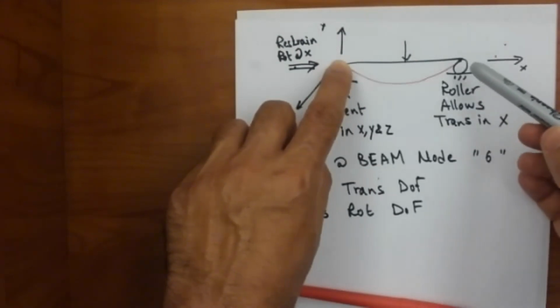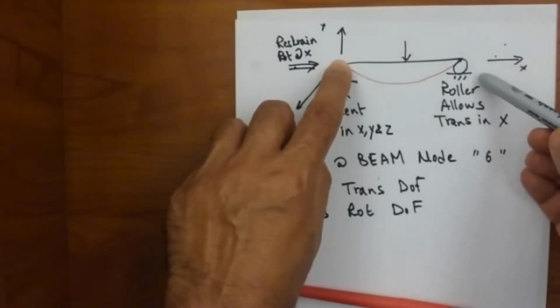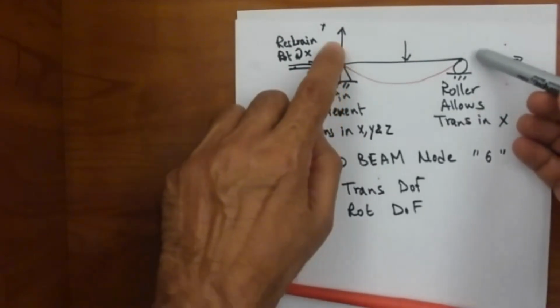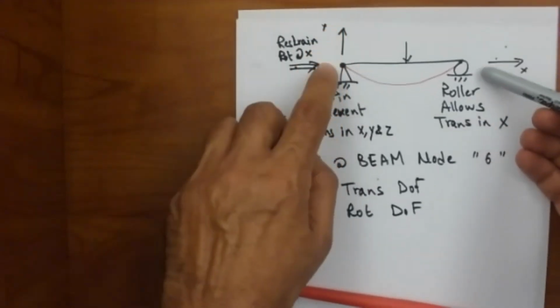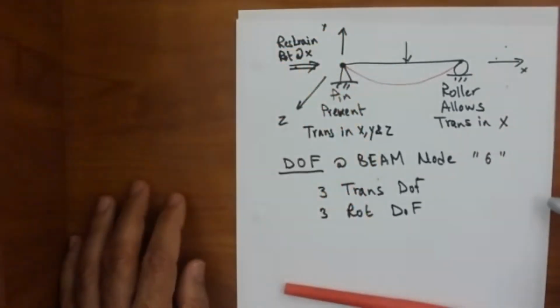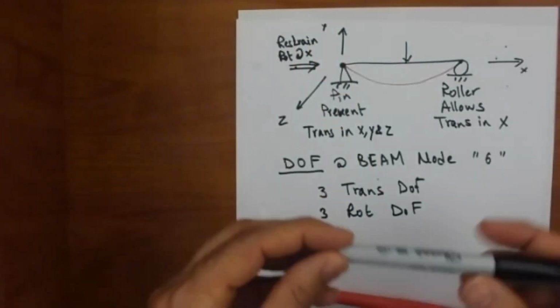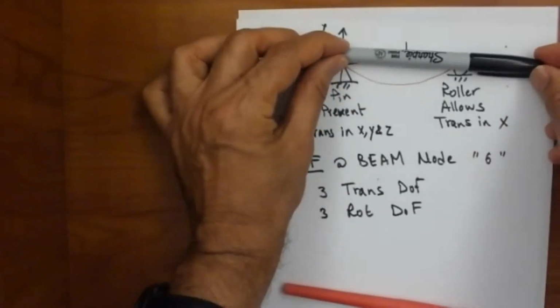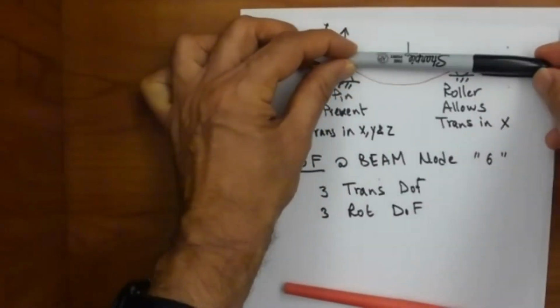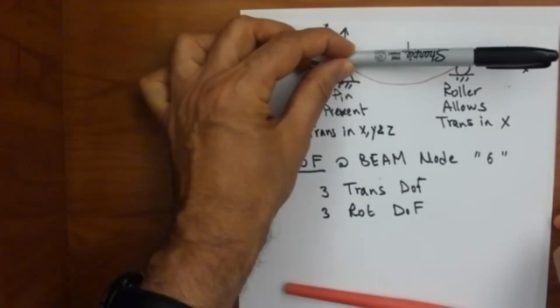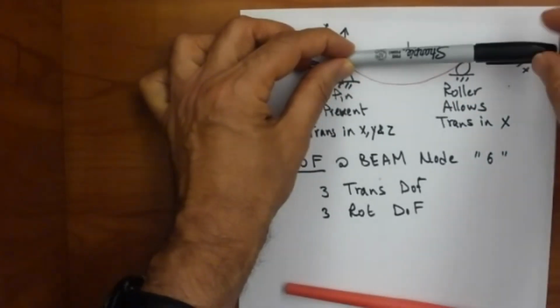Correct? And likewise, it cannot translate as a beam freely in the Y nor in the Z out of plane. How about rotation? If this beam wants to rotate about the Z axis, the roller would hold it.